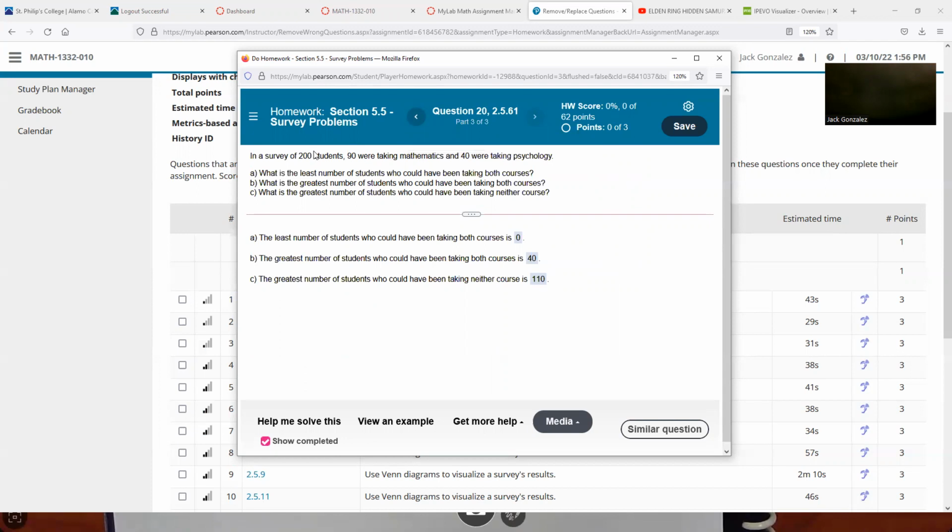So look at this one. A survey of 200 students, 90 were taking math, 40 were taking psychology. What is the least number of students who could have been taking both courses?